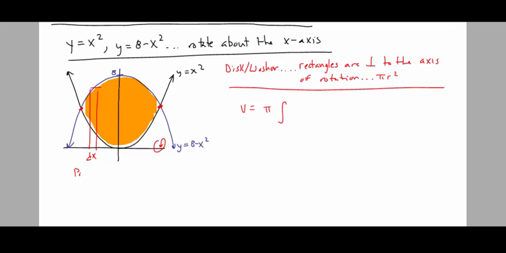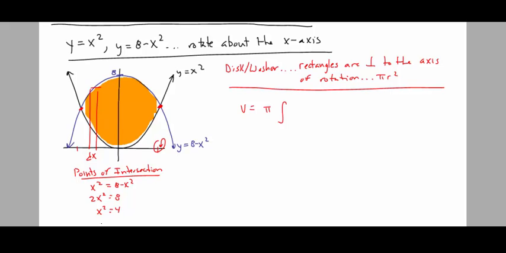In order to find my points of intersection, I need to set these equal to each other. So I have x squared equals 8 minus x squared. I'm going to come up with x values, and I also want to find the y values as well. Moving the x squared across, I have 2x squared equals 8.